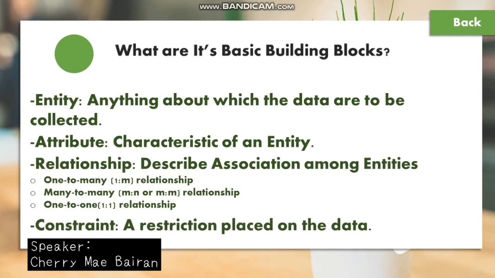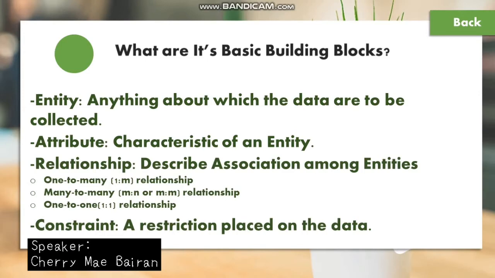So that is a many-to-many relationship. Last is one-to-one relationship. One-to-one relationship naman po ay: one student can take one class at a time. So that is a one-to-one relationship.